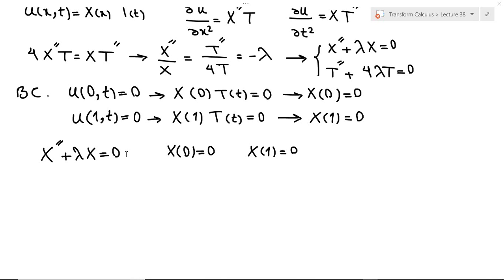In order to solve this ordinary differential equation, we have to consider three different values for lambda. Lambda can be negative, can be positive, and can be equal to 0. So at first I start with lambda equal to 0.